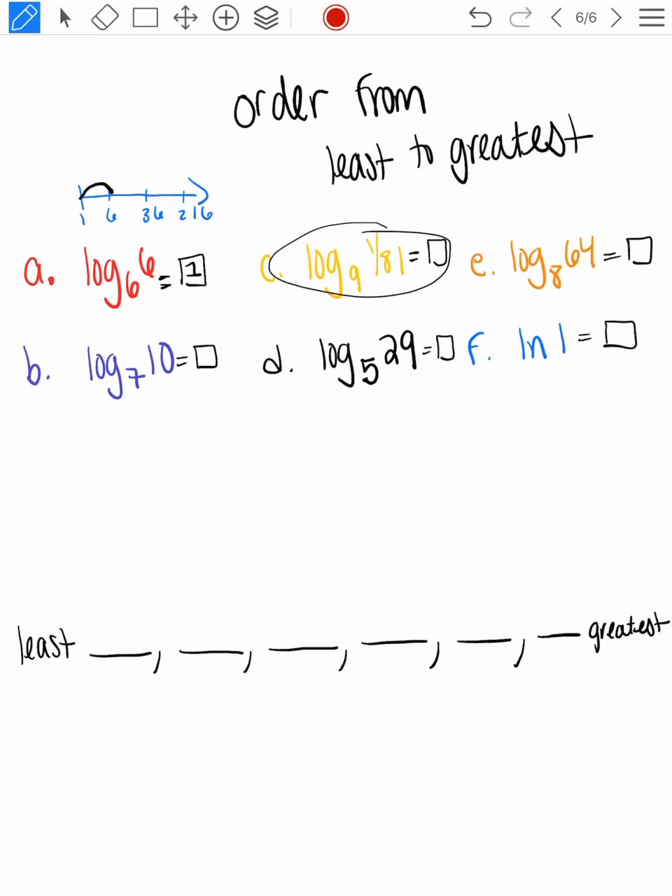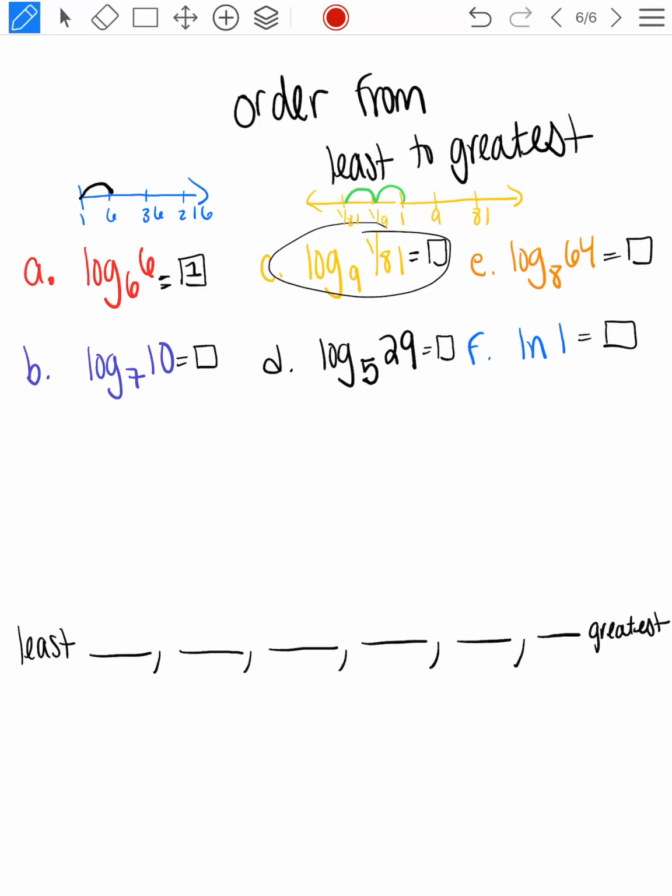This is the only fraction I have. And remember, fractions are negative jumps, and negative would count as least. So I bet this one here is going to be the lowest I have. So say I make my number line, I'm starting at 1, and then I'm going by 9. So 9, 81. But I want to go this way, so I'm going to have 1/9, 1 over 81.